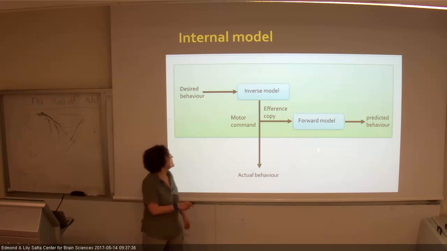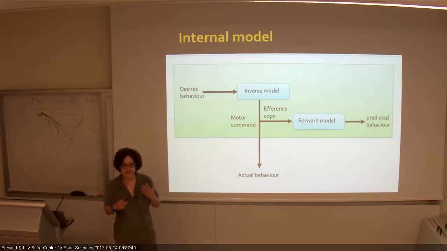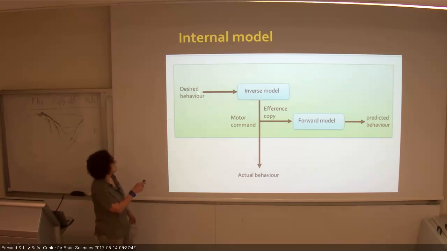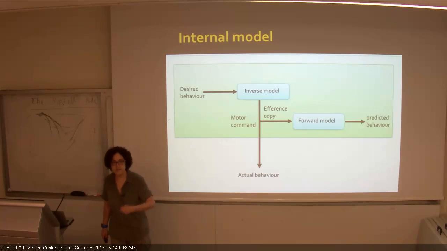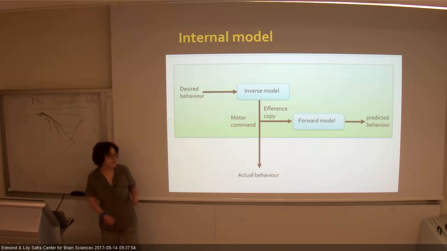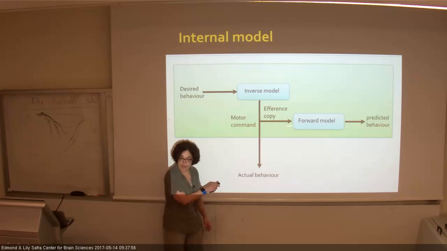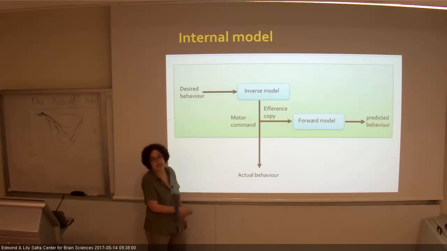But you can say that this is an internal model. It is a system that takes a desired behavior and makes actual behavior, with some internal mechanism for correction, either at the level of the command or later at the level of the actual behavior.